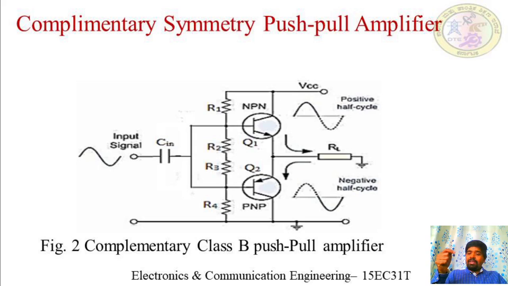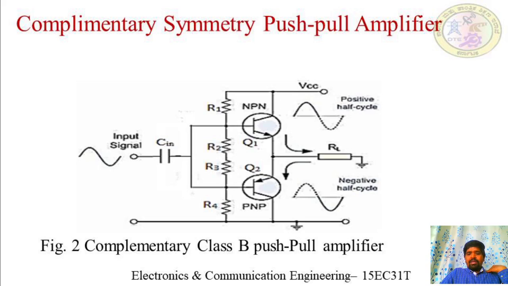But remember one thing, complementary transistors should be made of the same material and they should have the same power rating also. Again, if you are not using the same material and the same power rating, the same problem will appear. But for the time being, that problem we are overcoming by using complementary symmetry.